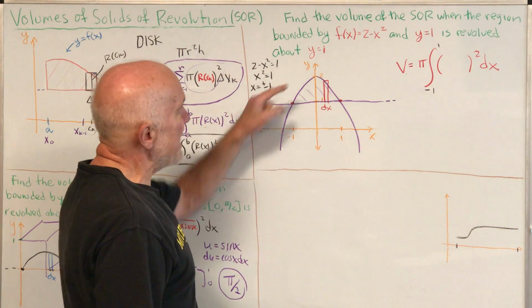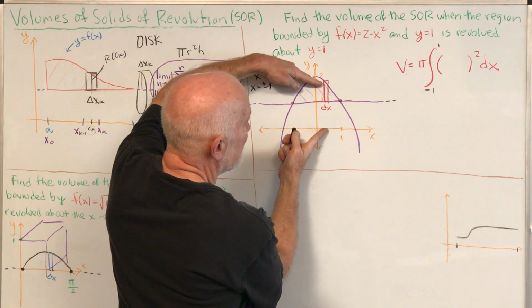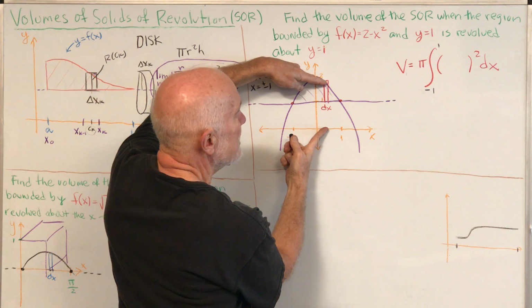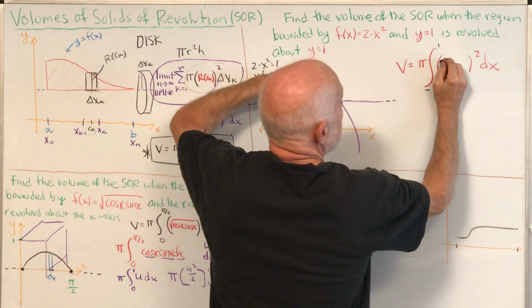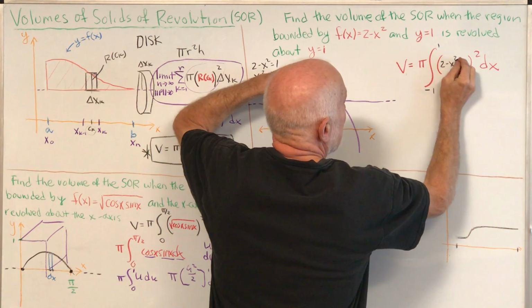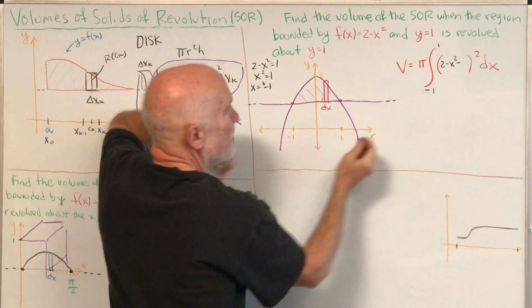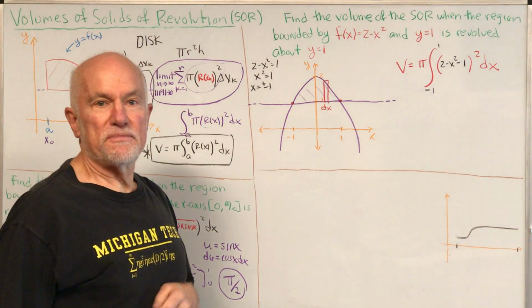And what goes for the radius? Remember, we measure in this direction from the x-axis. So from here to here is the y value on the parabola. So that's 2 minus x squared. And then this area right here is 1. So we have to subtract 1. And we've got our setup.